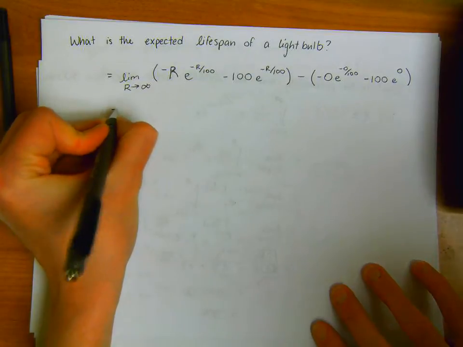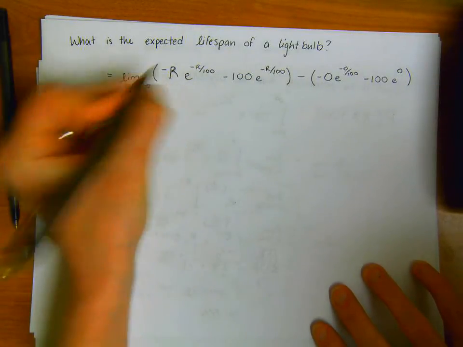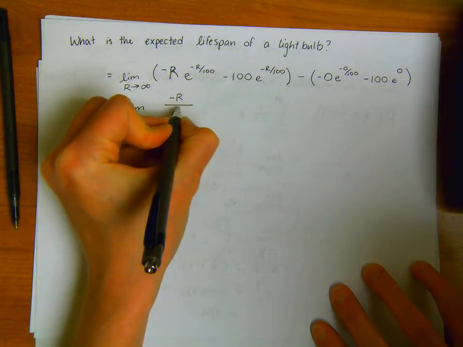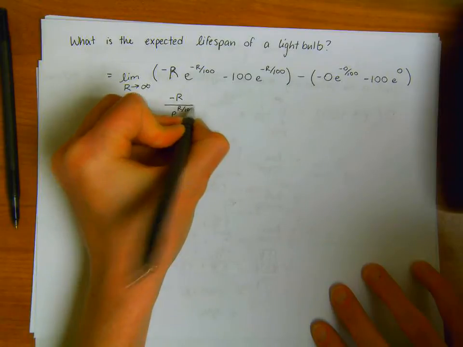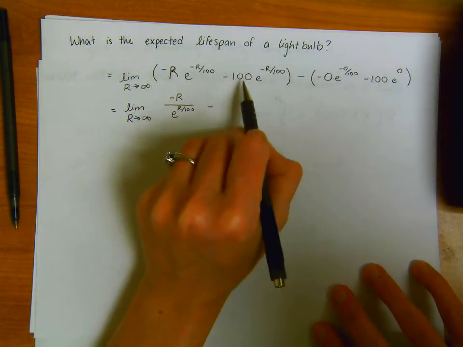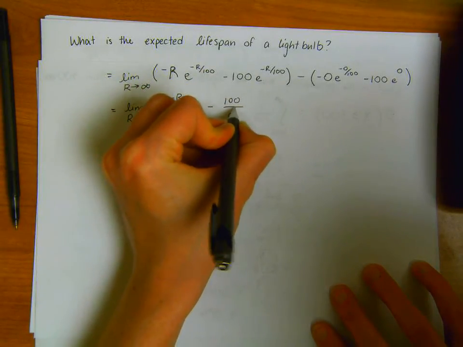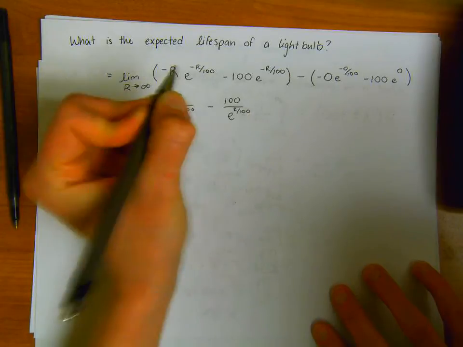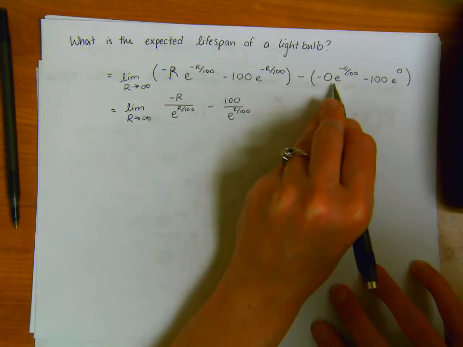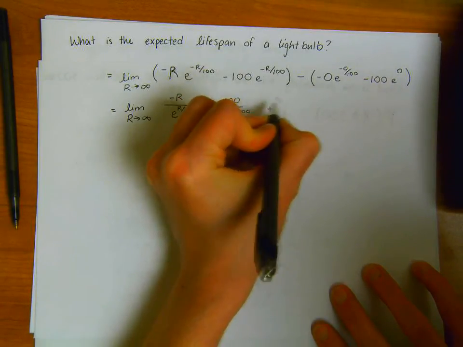Let's rewrite each of these as fractions so that we can apply L'Hopital's rule. Negative r in the numerator divided by e to the r over 100 minus, this one we can evaluate the limit outright, but I'll rewrite it anyway. E to the r over 100 minus a negative 0 is just 0, minus a negative e to the 0 is 1, so now I'm going to add 100.